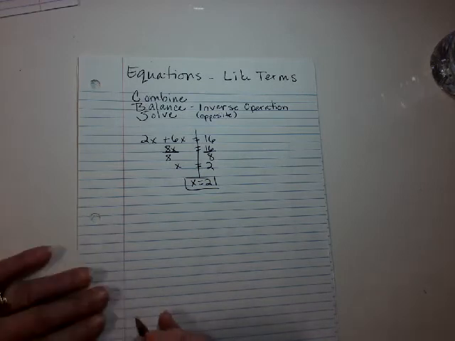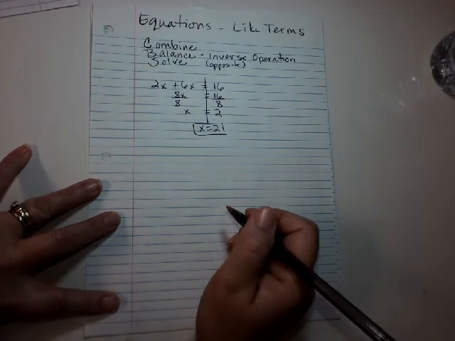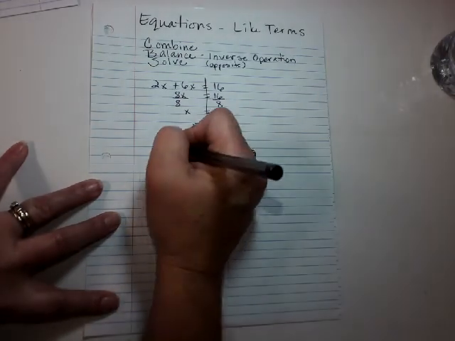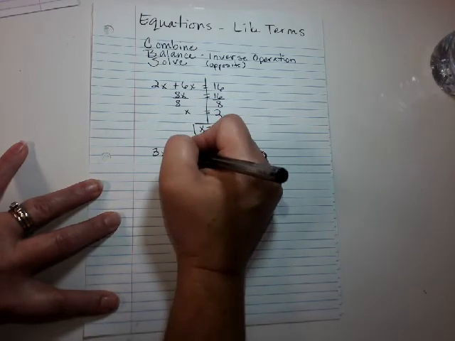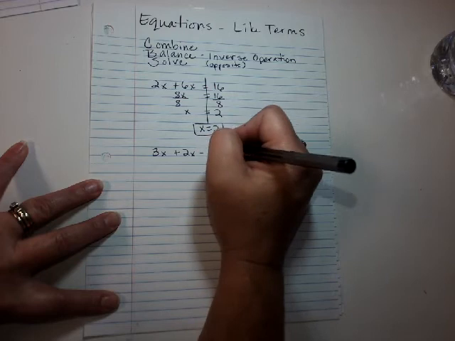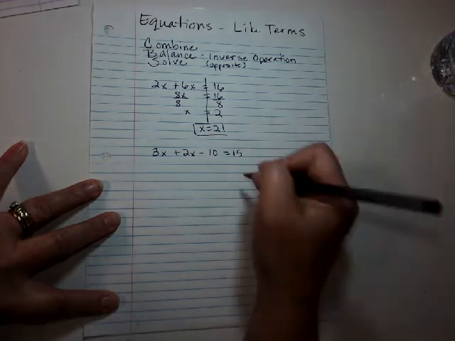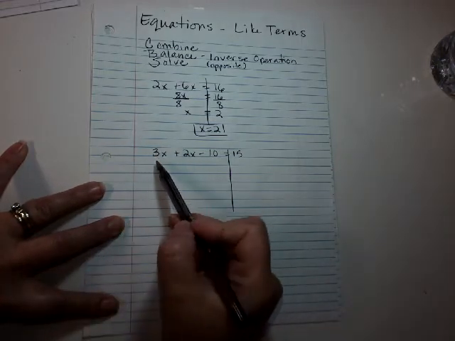So let's look at another one that has another step, because it's going to have a different kind of term included. So this one is going to be 3x plus 2x minus 10 equals 15. Okay, I'm going to draw a line. I'm going to go left to right.